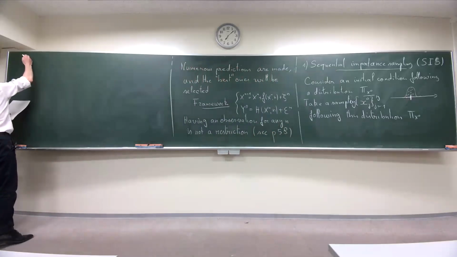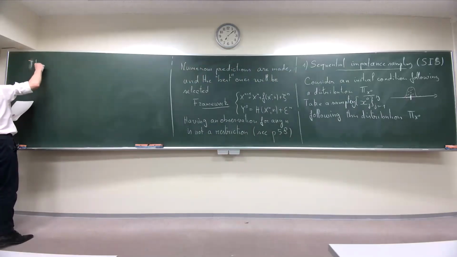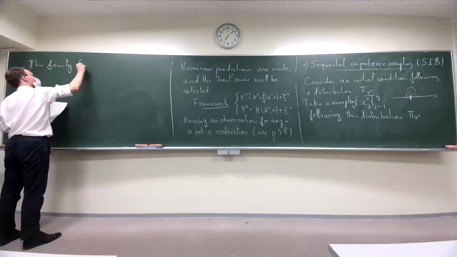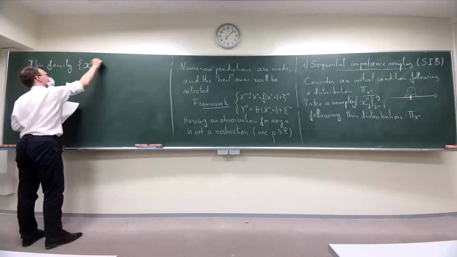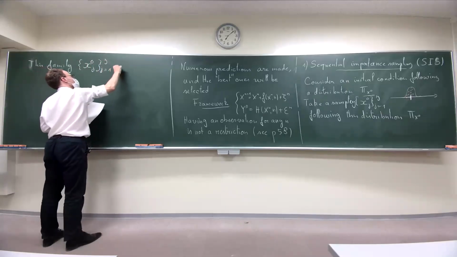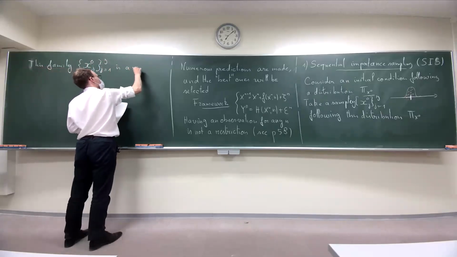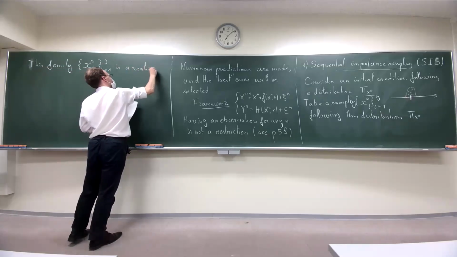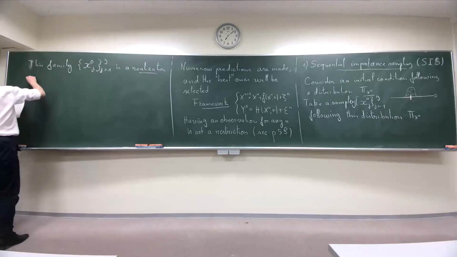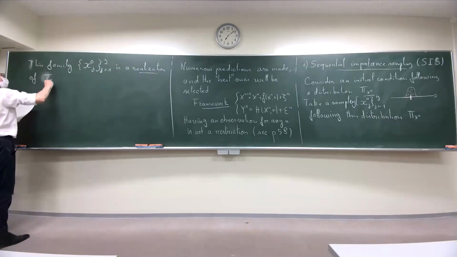By the way, this family of x0^j, j from 1 up to J, is what we call a realization of this pi 0.